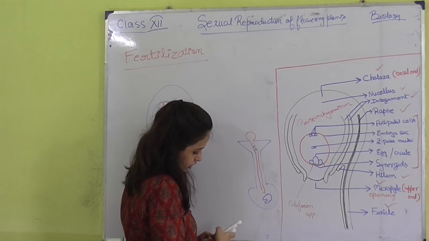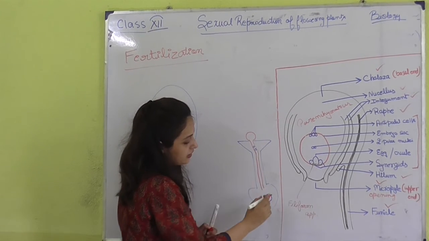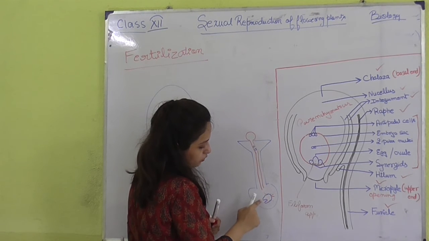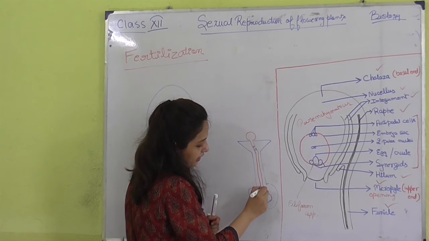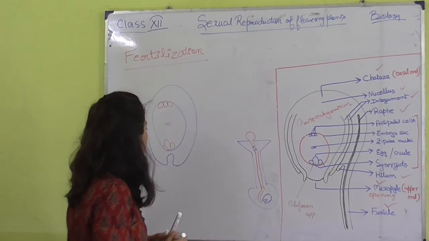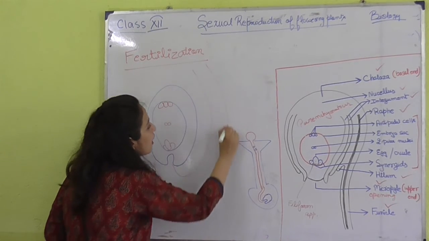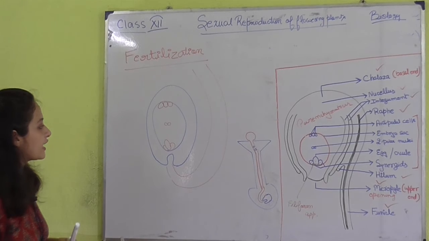The pollen tube might enter from the chalazal end, it might enter from the integument part, it might enter through the micropylar end, but generally it enters through the micropylar end. Let us draw it entering from the micropylar end. If we zoom this drawing, it will look like this.